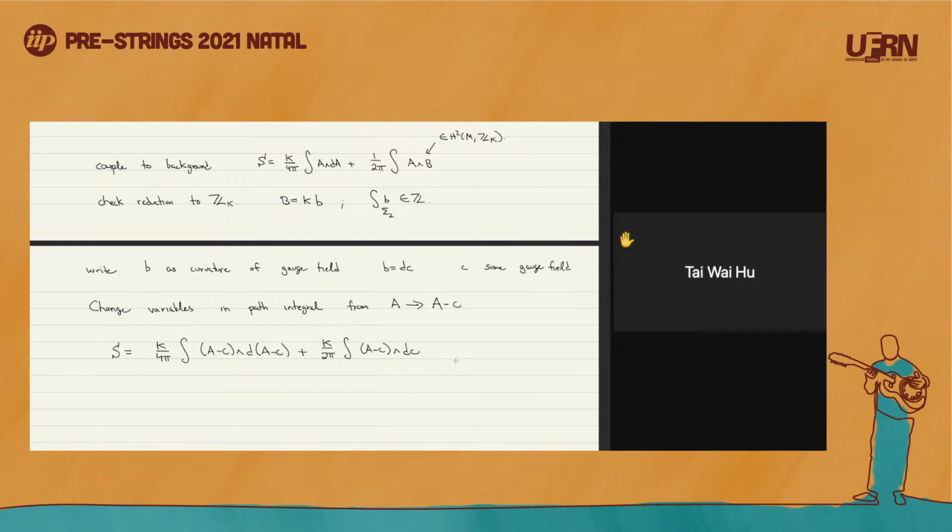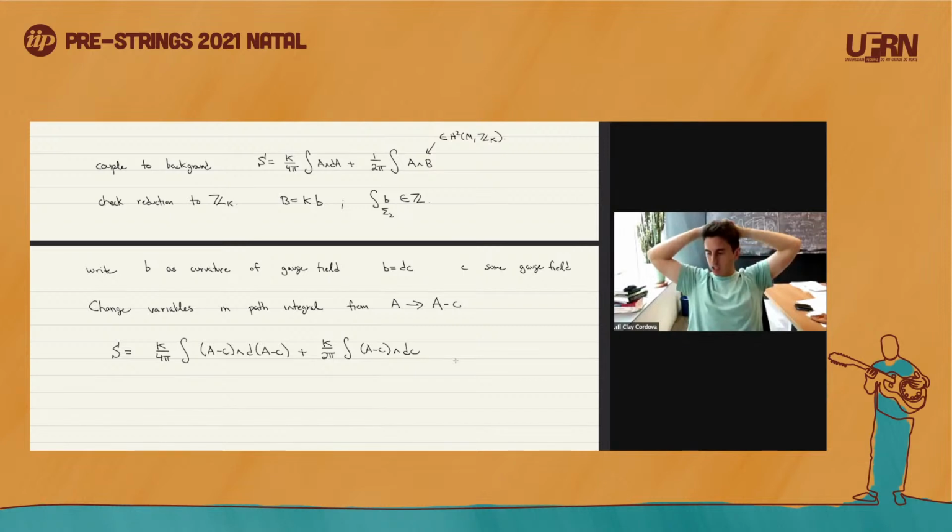What would it be to say that this action is invariant? So we'd have to compare this action to what you had before. Extract some condition on C. That's a good guess. Remember, what are we trying to do? We're trying to show that this B field is equivalent to no B field at all.